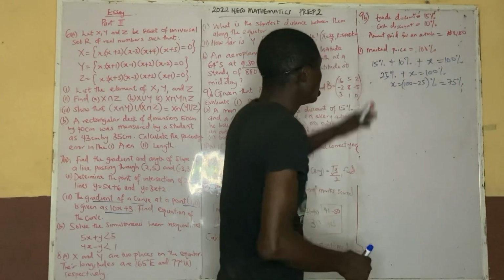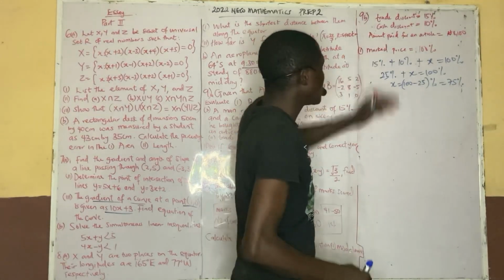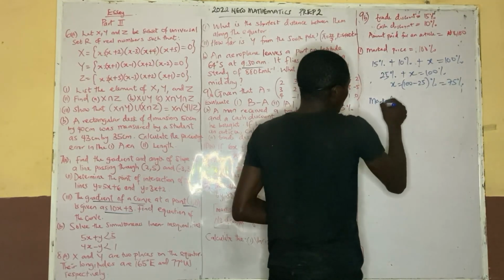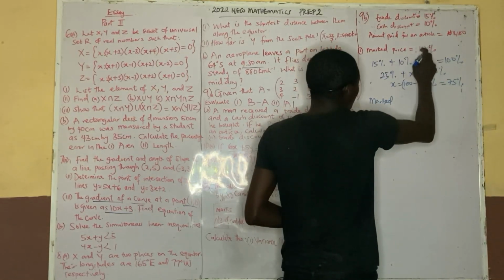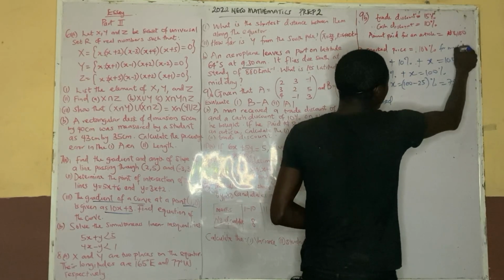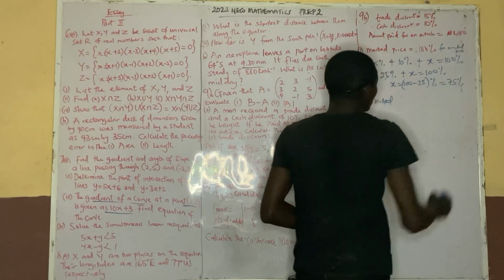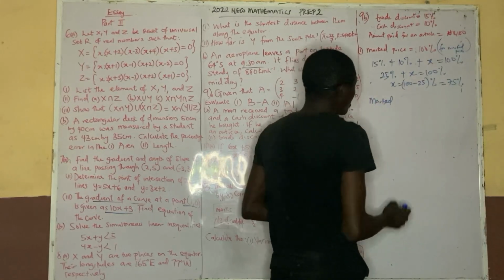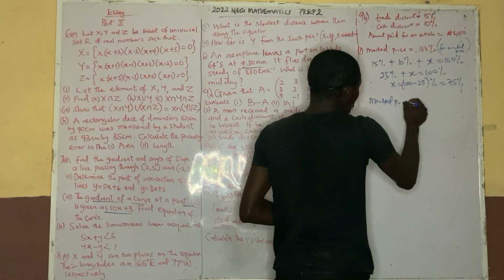Now to get the marked price, this 100% is the percentage for marked price. So don't forget that this is the percentage for marked price. Now how do I go about the marked price?